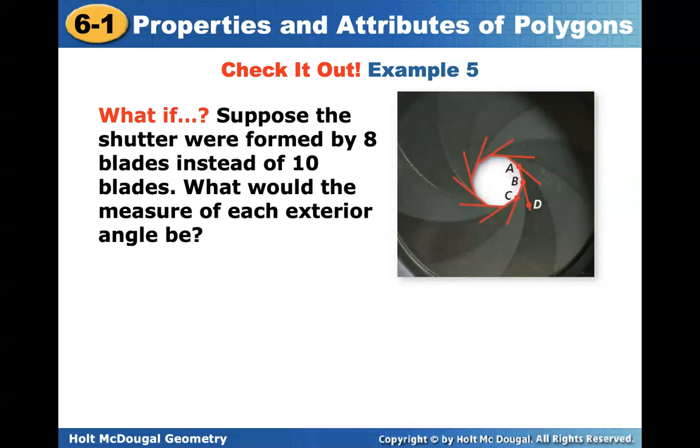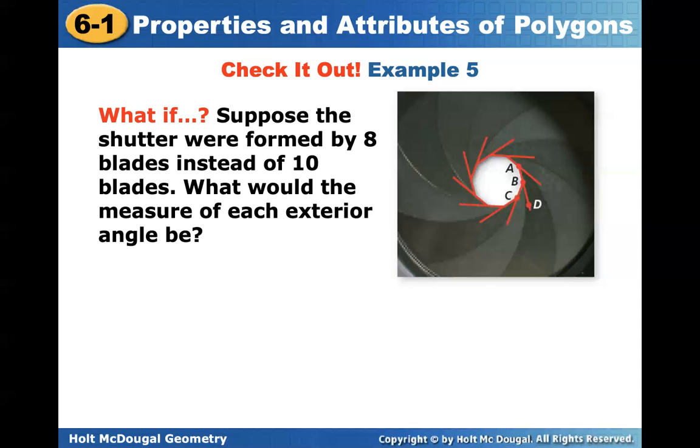What if you had, this is a shutter of a camera. The shutters of a camera close and open when they take pictures, of course. The shutter normally has 10 blades, or 10 pieces that collapse together to take that picture. So you have 10 sides on this. What would be the measure of the exterior angle if it was 8 blades instead of 10?